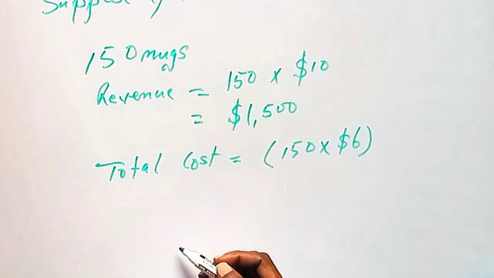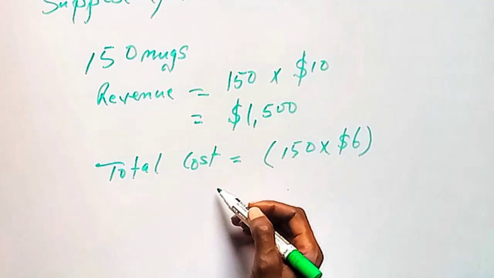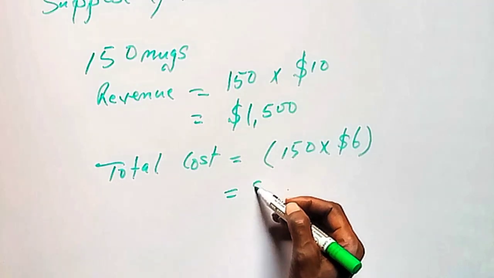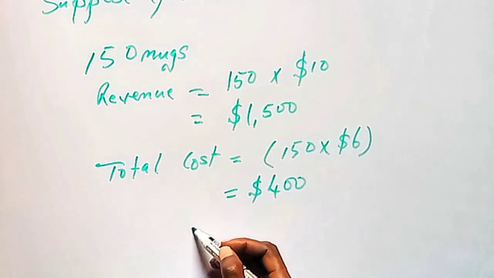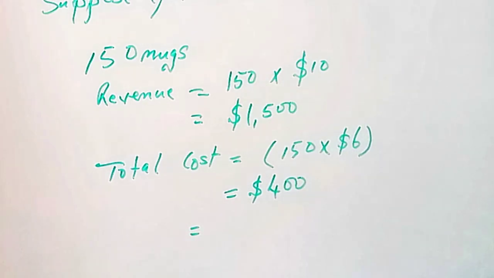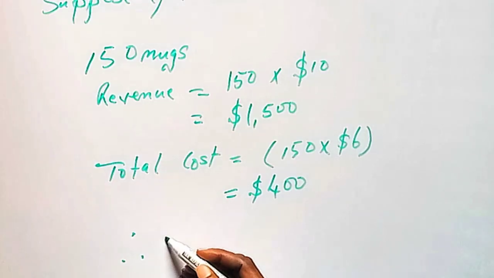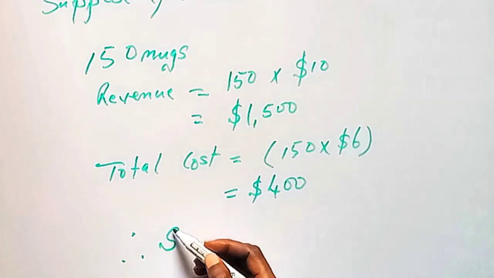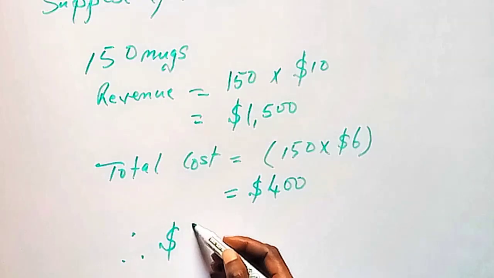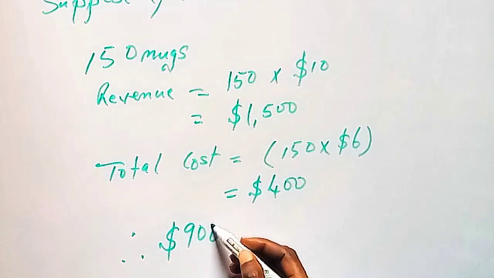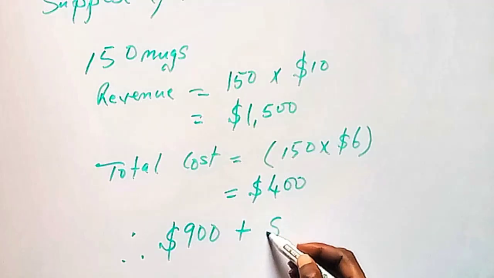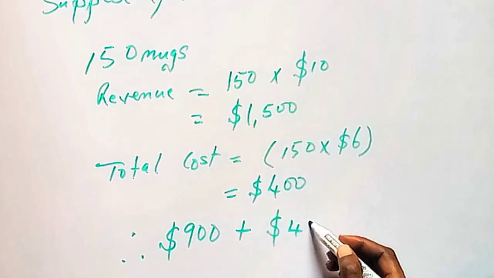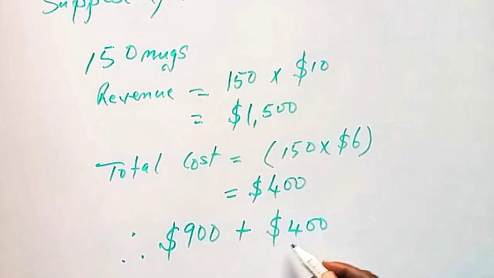Total cost being 150 times $6, which is equal to $900, plus $400 equal to $1,300.